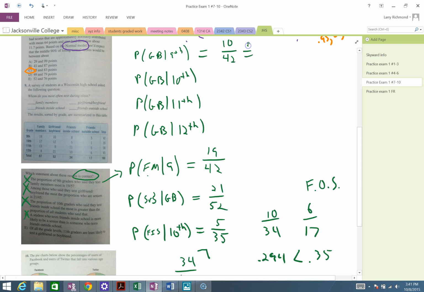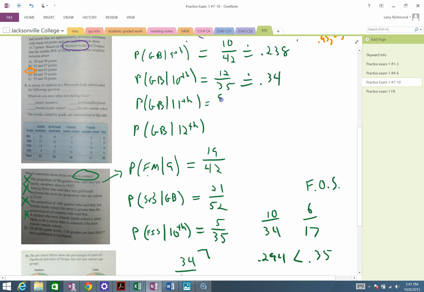And that is approximately 0.238. Of the 10th grade, 12 out of 35, and that's just over a third. That's 0.34 approximately. The 11th grade, 9 out of 38.